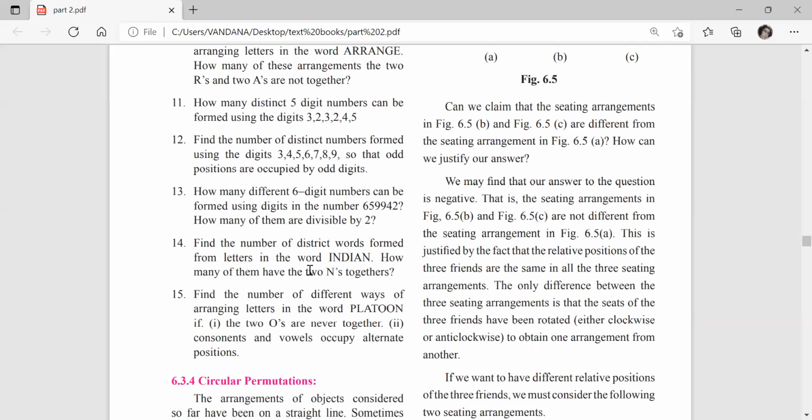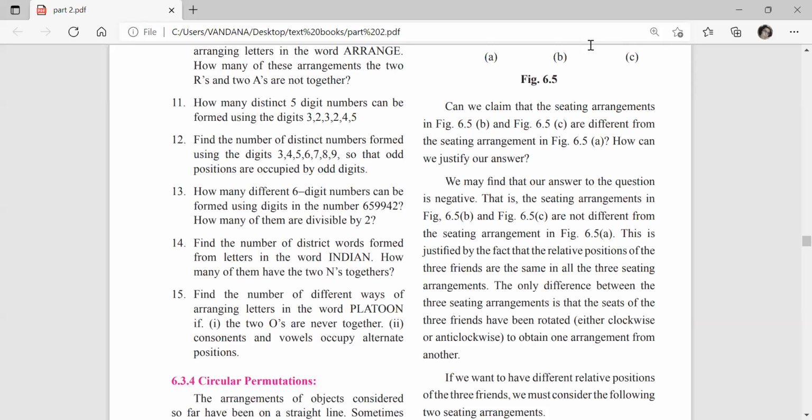Find the number of distinct numbers formed by using 3, 4, 5, 6, 7, 8, 9 so that odd positions are occupied by odd digits. It's not specified in the 12th one how many digit numbers we should form.